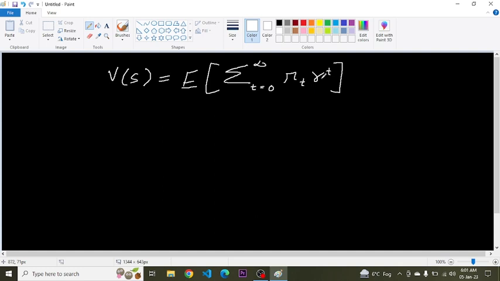In the undiscounted case, it corresponds to gamma equal to 1, and the value is always calculated for some policy that our agent follows. Let's consider a very simple environment with three states.